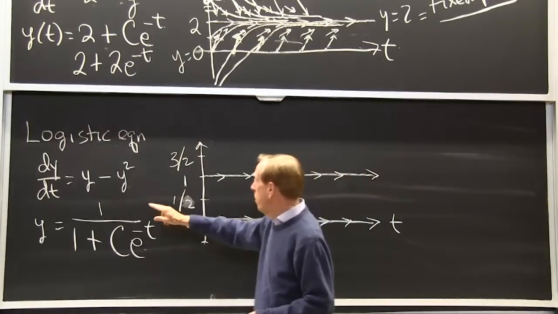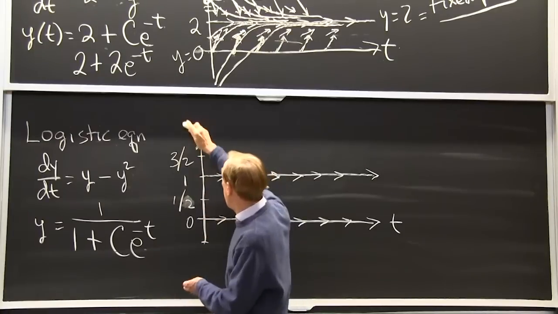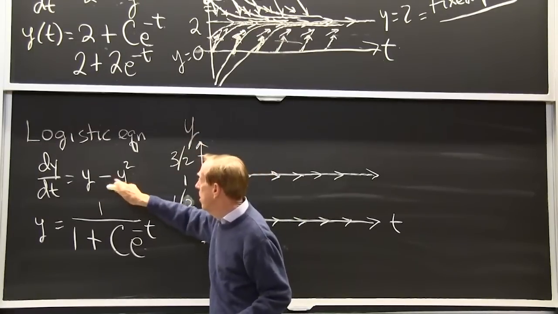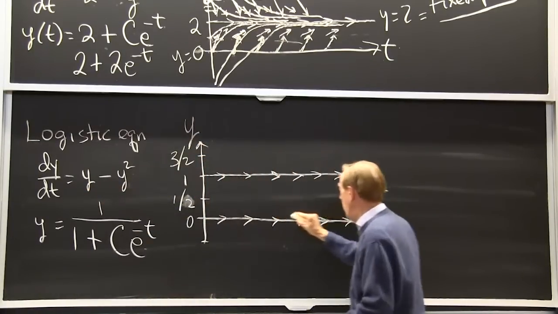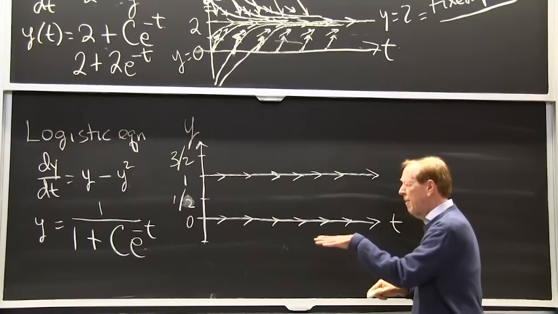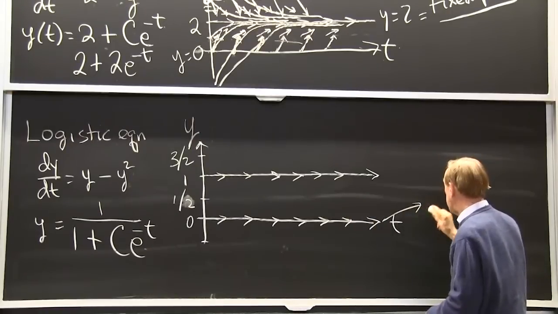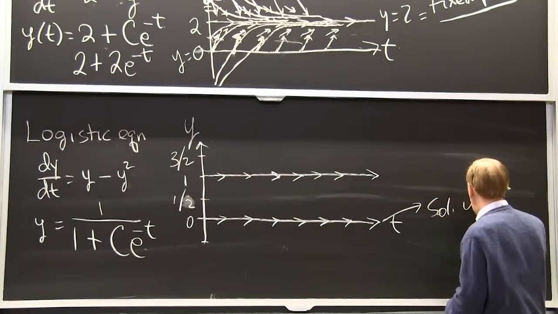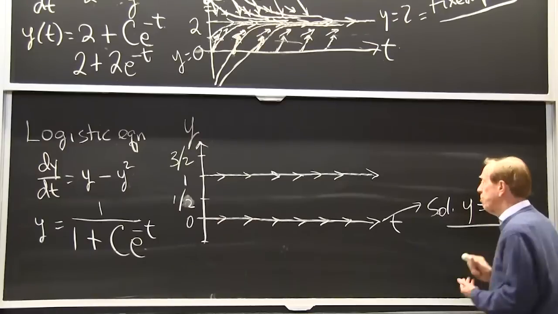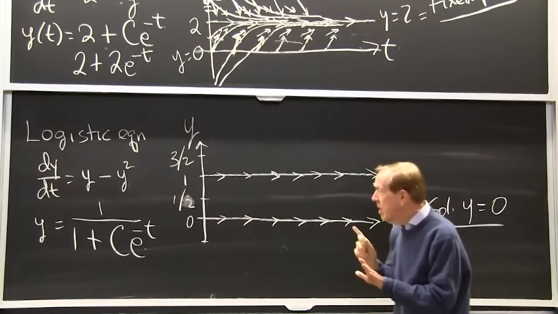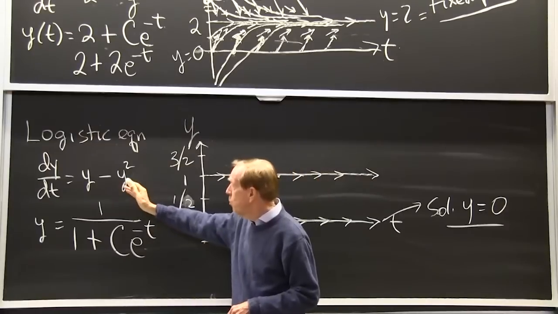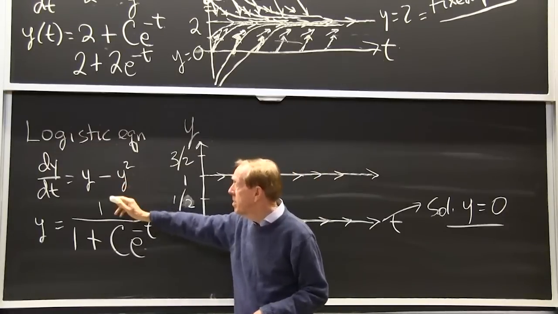Okay, when y is 0, so here's y. When y is 0, the slope is 0, so I have a whole line of flat. I have a flat horizontal line. That's the solution, y equals 0, fixed point. Also, we have another fixed point. When y is 1, 1 minus 1 is 0.